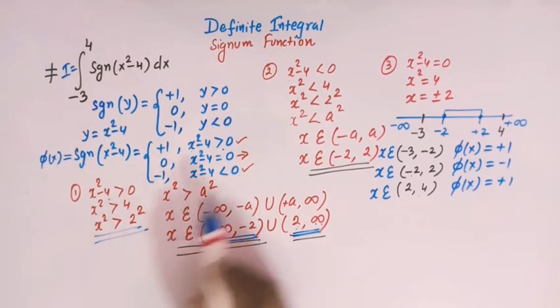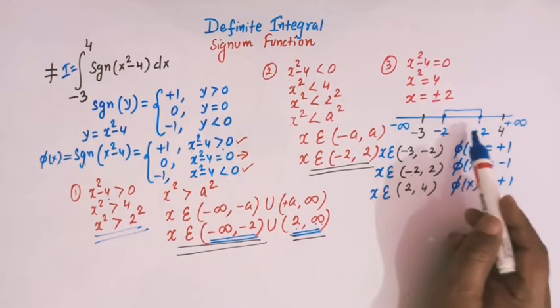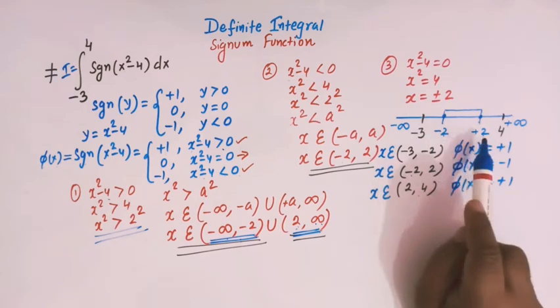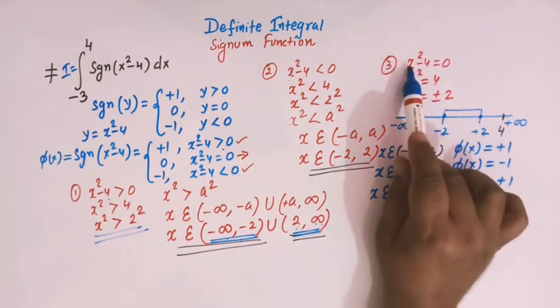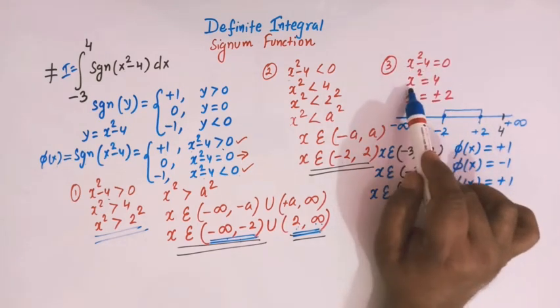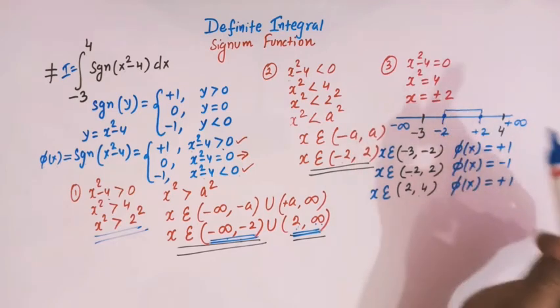Now viewers, there is one important thing to explain. We have x² - 4 = 0, so x = ±2.